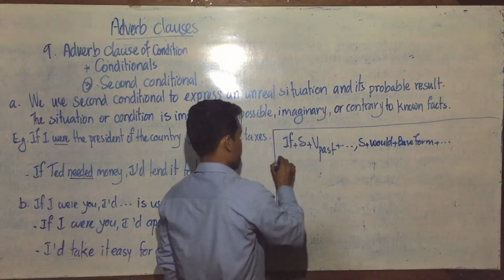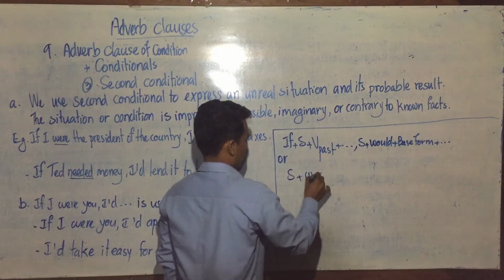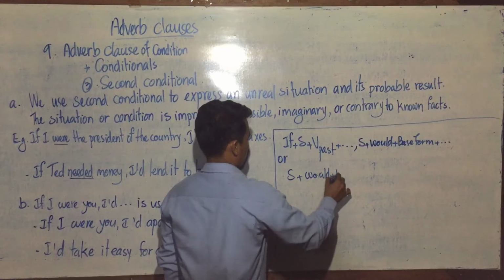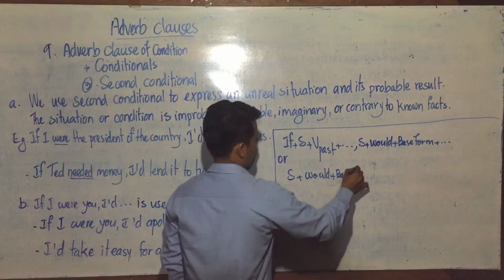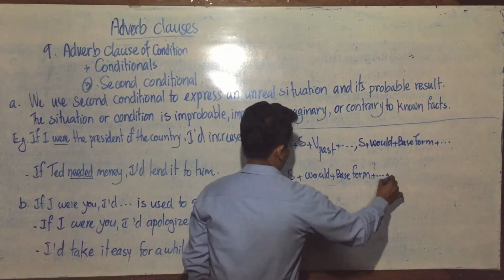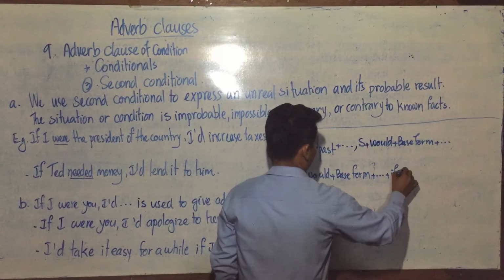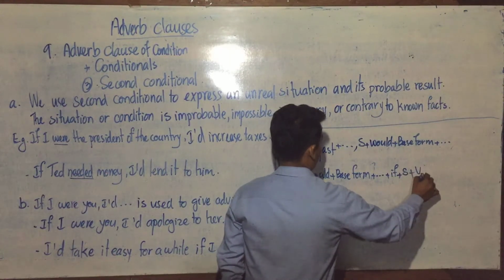Or you can write subject plus would base form, blah blah blah. If in the middle of the sentence, no comma at all, subject verb past.